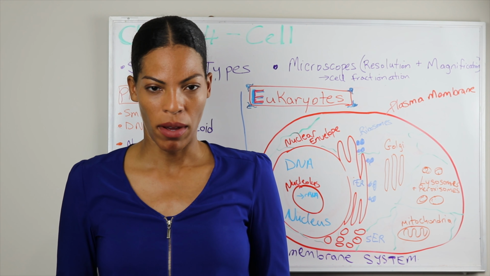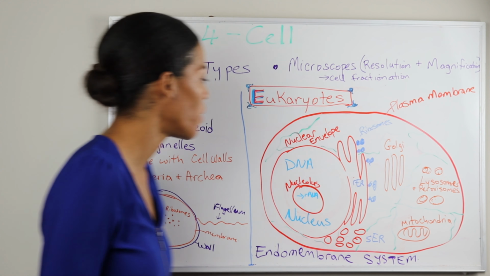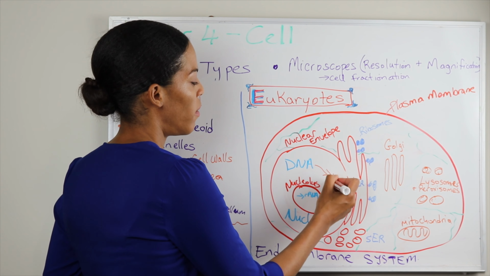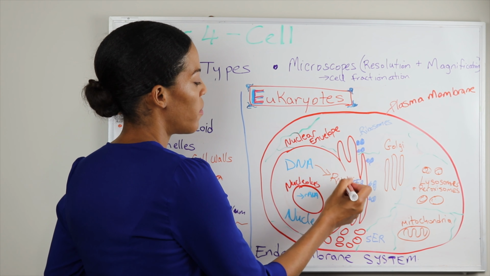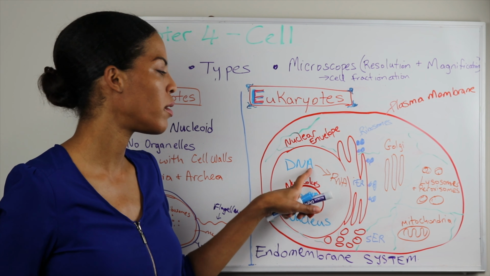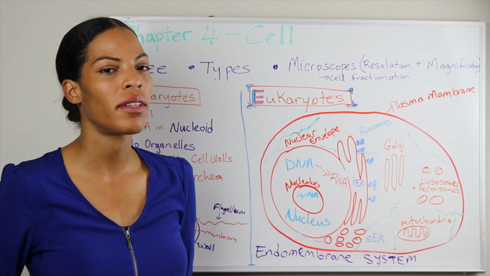And the name of that molecule is RNA. So your cell, through the process of transcription, makes this RNA molecule based on the type of DNA that you have in your nucleus.